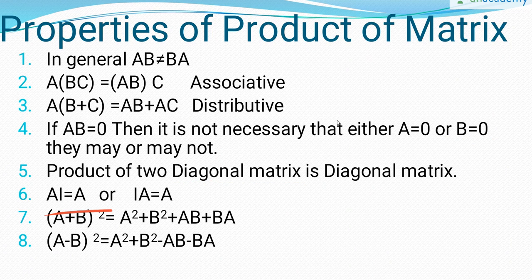A product with I is equal to A. That is, the product of A with the identity matrix is again matrix A. (A + B) whole square will be A square plus B square plus AB plus BA, and AB may or may not be equal to BA. Similarly, (A - B) whole square will be A square plus B square minus AB minus BA.